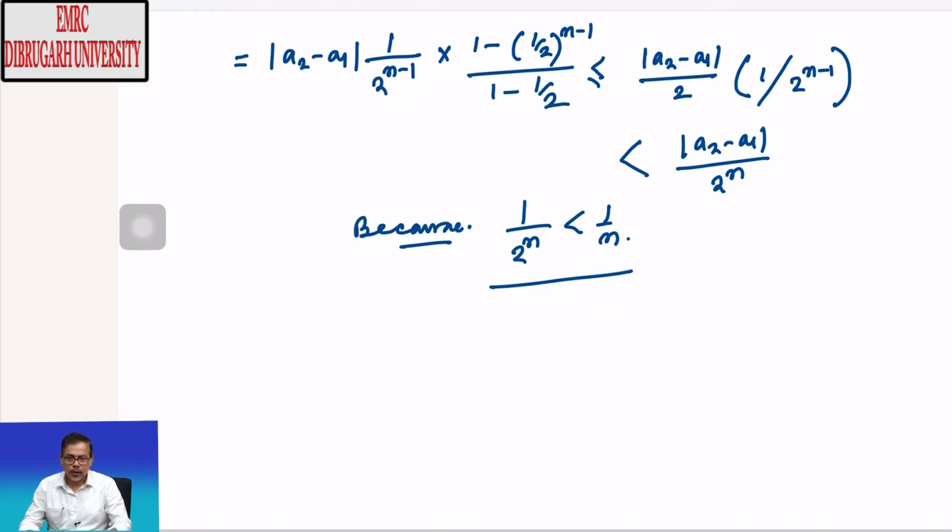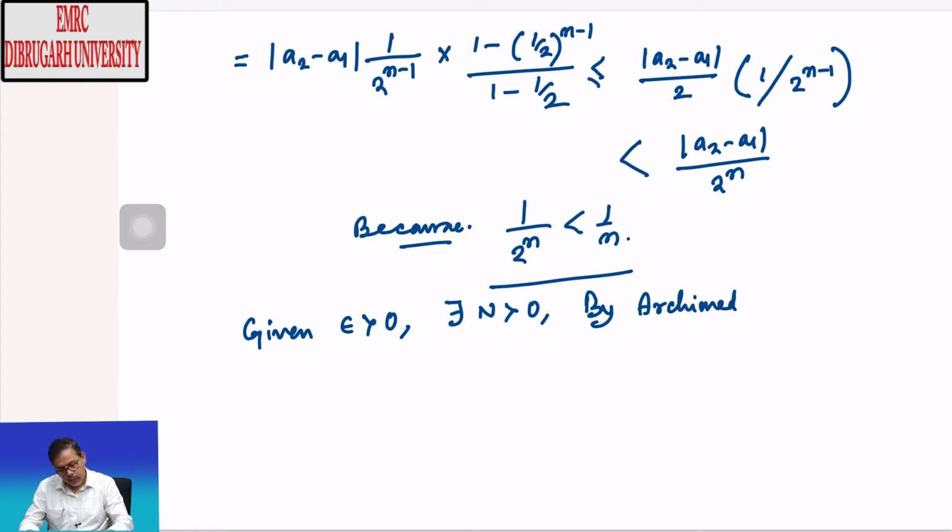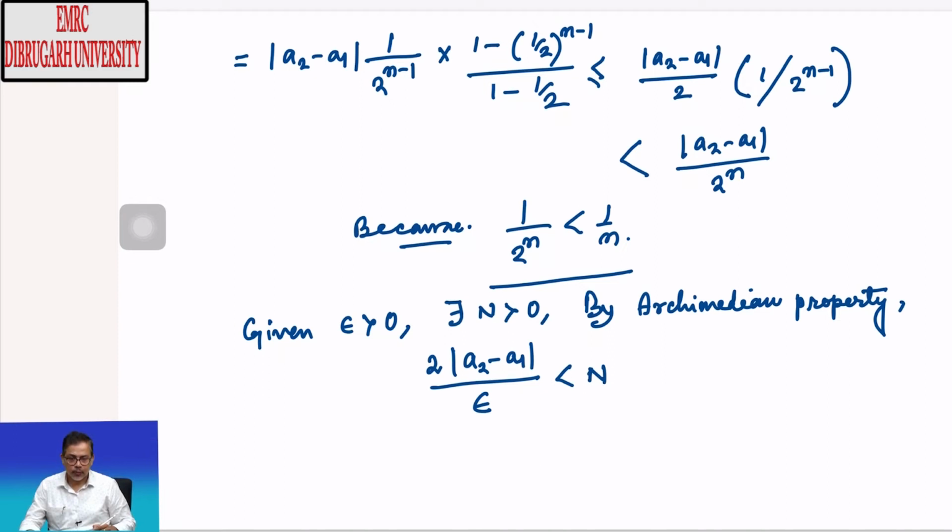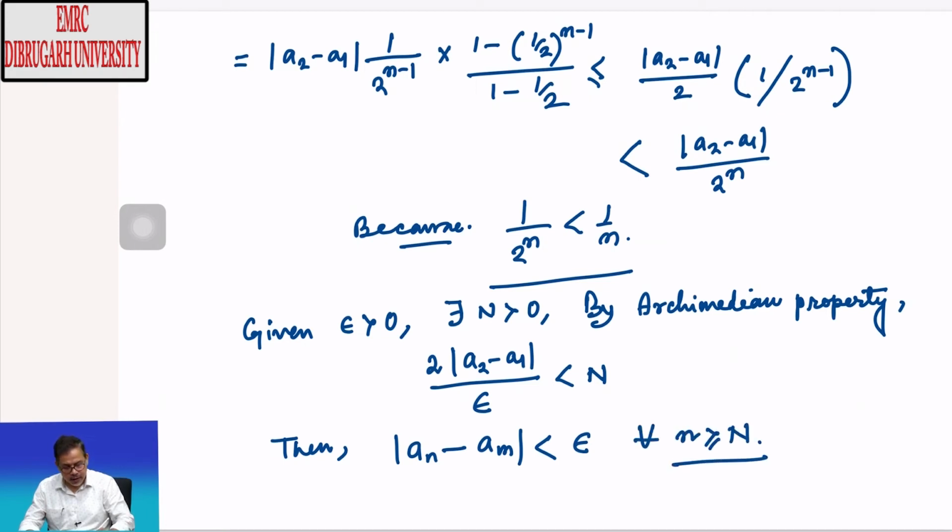therefore, given epsilon greater than 0, there exists a capital N greater than 0 by the Archimedean property, such that 2 into a_2 minus a_1 divided by epsilon is less than this capital N, and this implies a_n minus a_m is less than epsilon for all n greater than or equal to this N, and this completes the assertion.